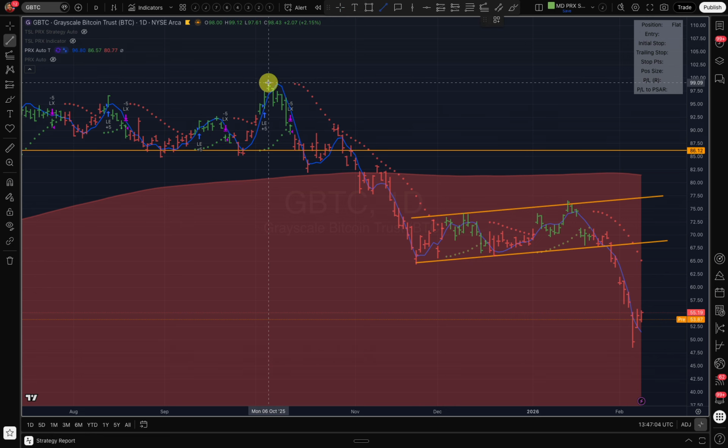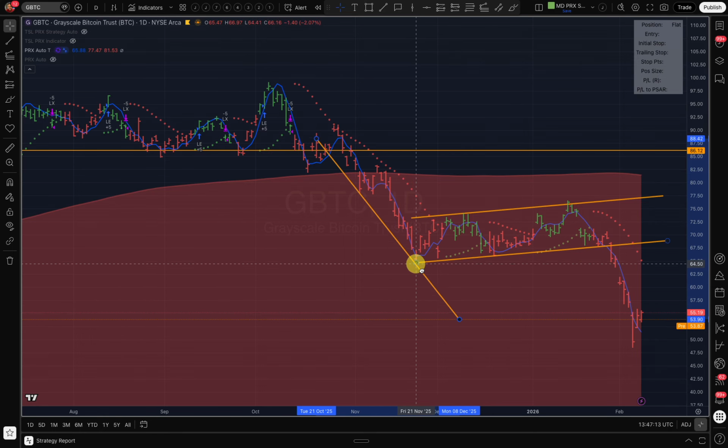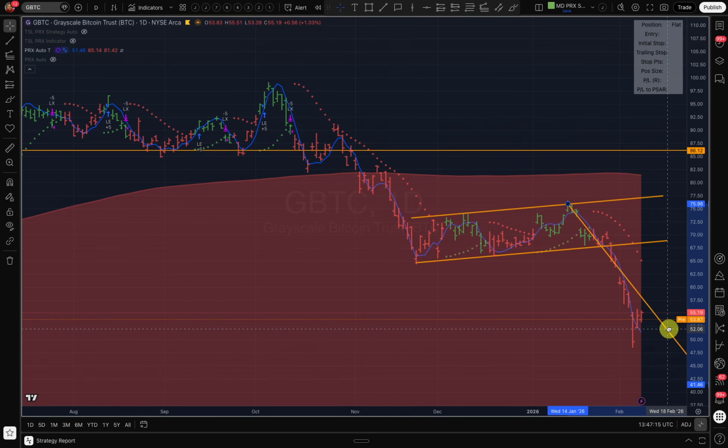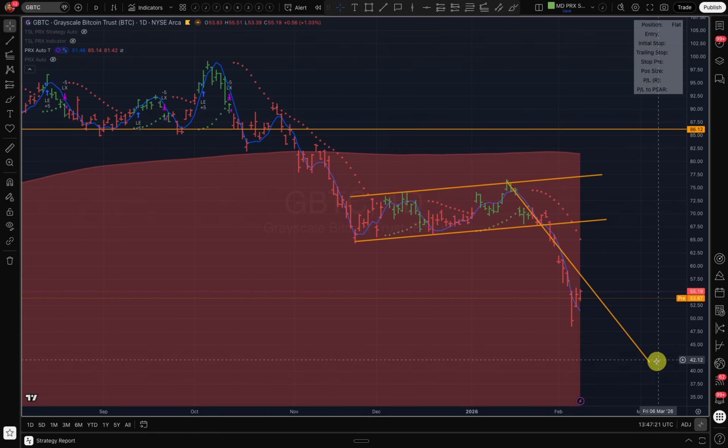Let's grab a trend line and pull it down like this. So this is kind of like that first leg. Then if I grab that same line and pull it from the top end of this channel, and figure out where the trend line completes here, then I would have thought it would be more like 41.